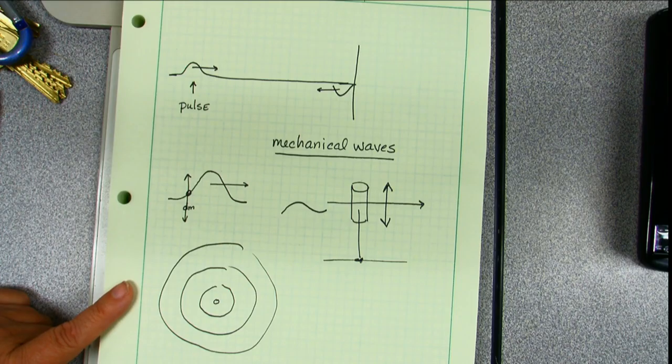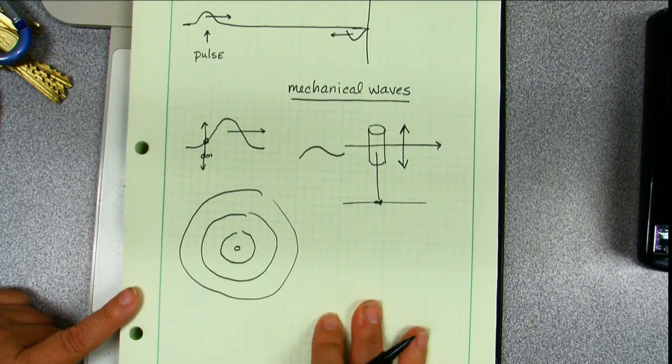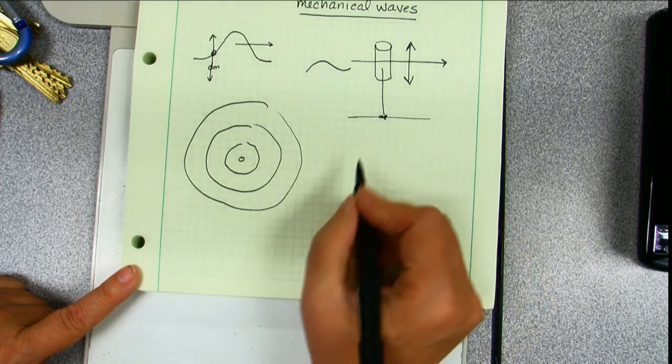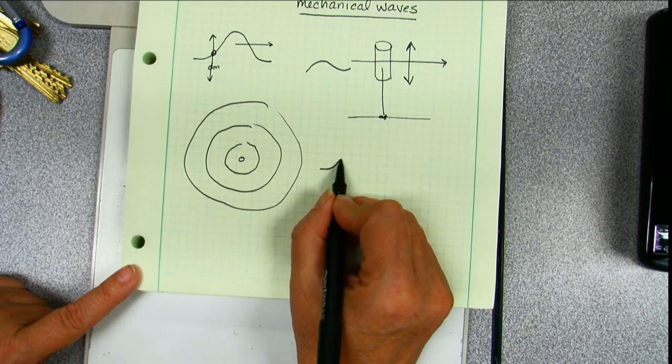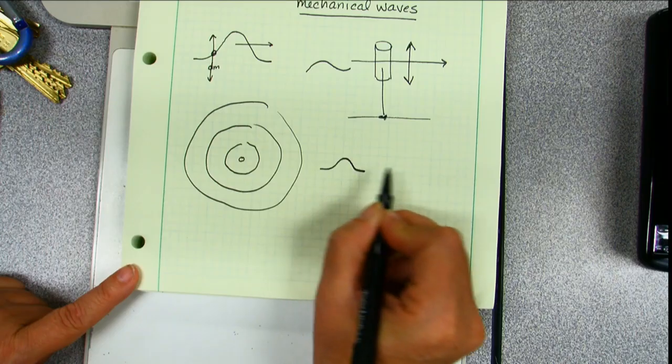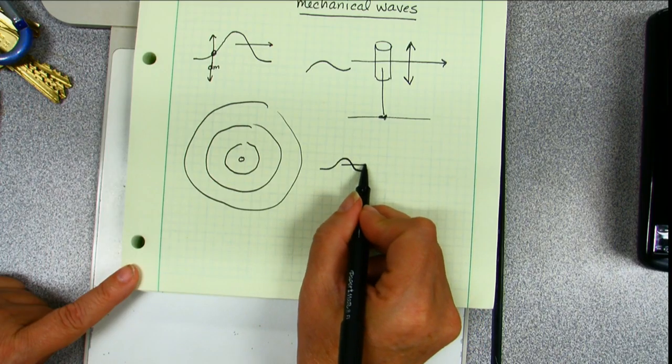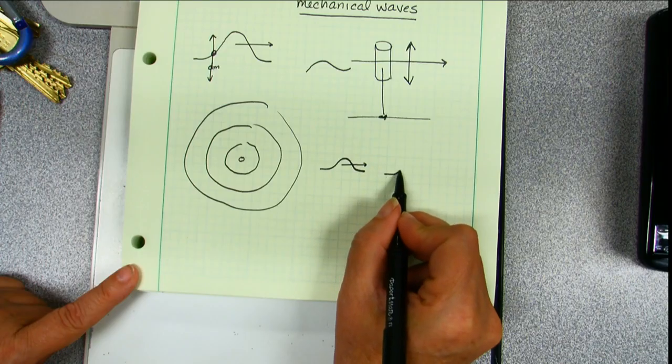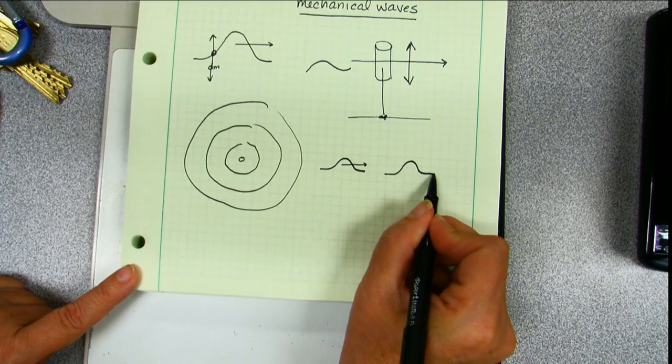And we see this all the time. It will bounce and it will come through. And what's happening is waves are additive. Mechanical waves are going to add. I can take a wave like this, it's coming in, and I've got my pulse coming in this way.